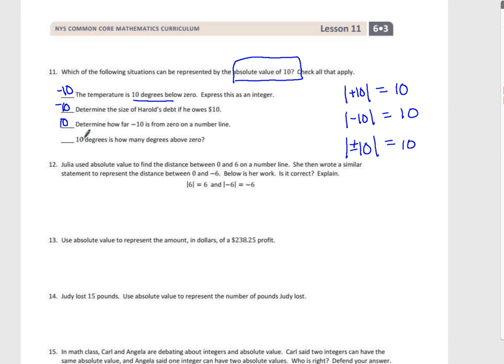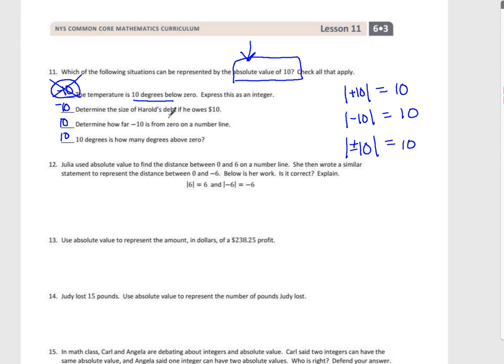And 10 degrees is how many degrees above 0? Now, this is the question, though. We need to know if they can be represented by the absolute value. If I'm just writing this as an integer, I'm not writing the absolute value. So that one doesn't work.